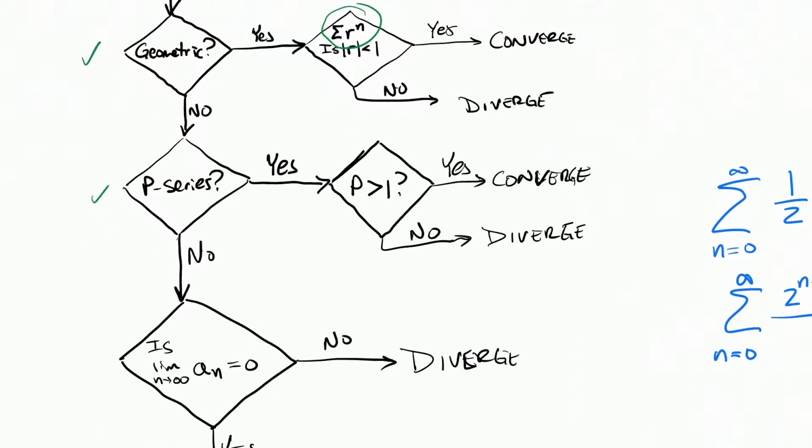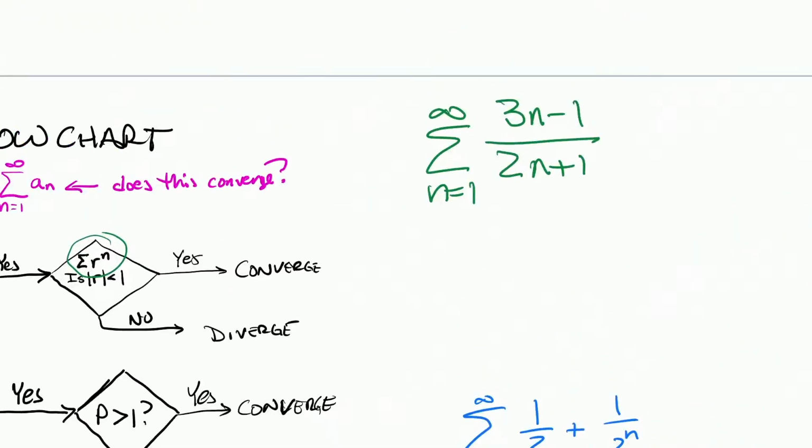Now, is the limit equal to 0? Well, let's do that. I mean, that's kind of part of the alternating series test as well, but let's actually do that. What is the limit as n approaches infinity of 3n minus 1 over 2n plus 1? I'll give you a sec just to sort of get it straight.